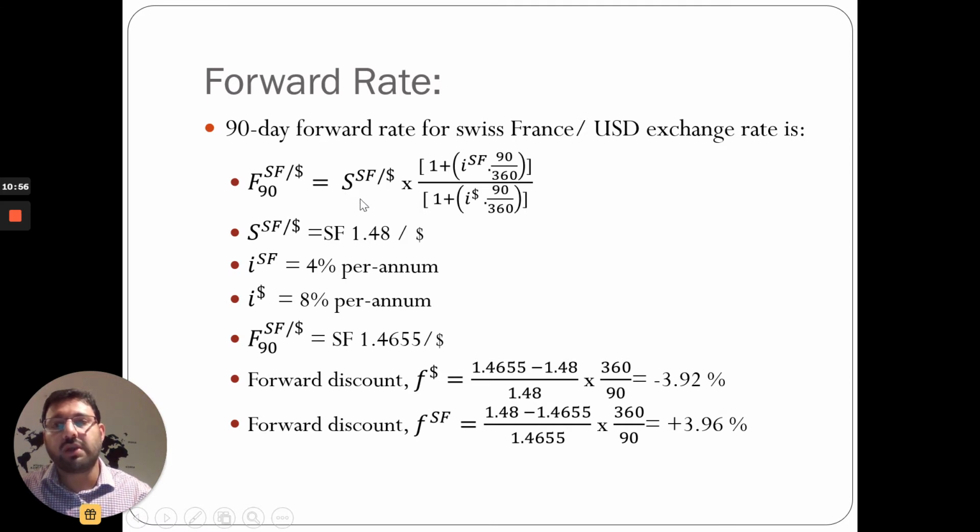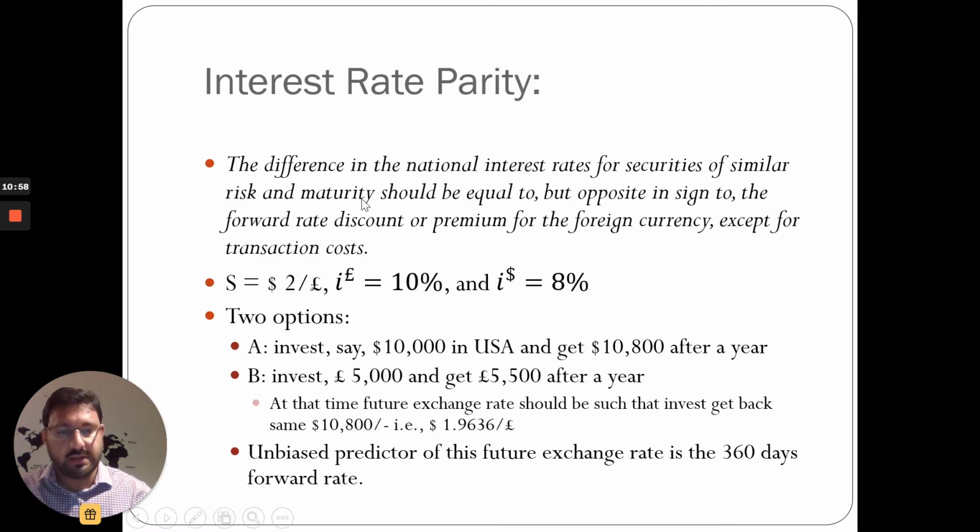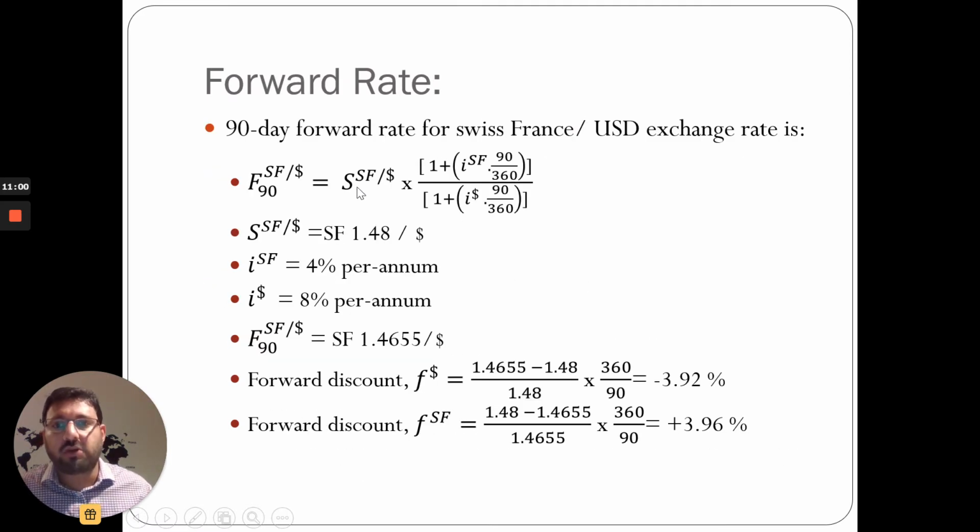This spot rate is how many Swiss francs we are using to buy 1 unit of the US dollar. So for the Swiss citizens, it is the direct quote, because you are buying 1 unit of the foreign currency.